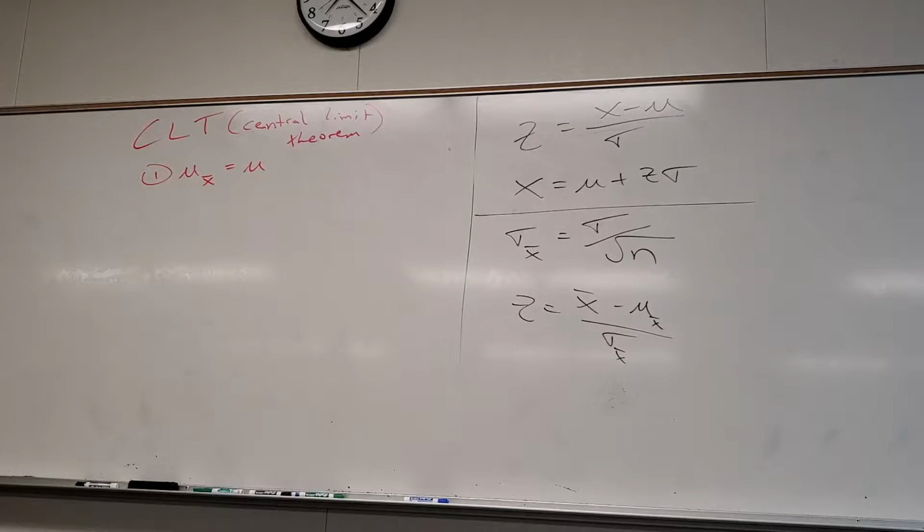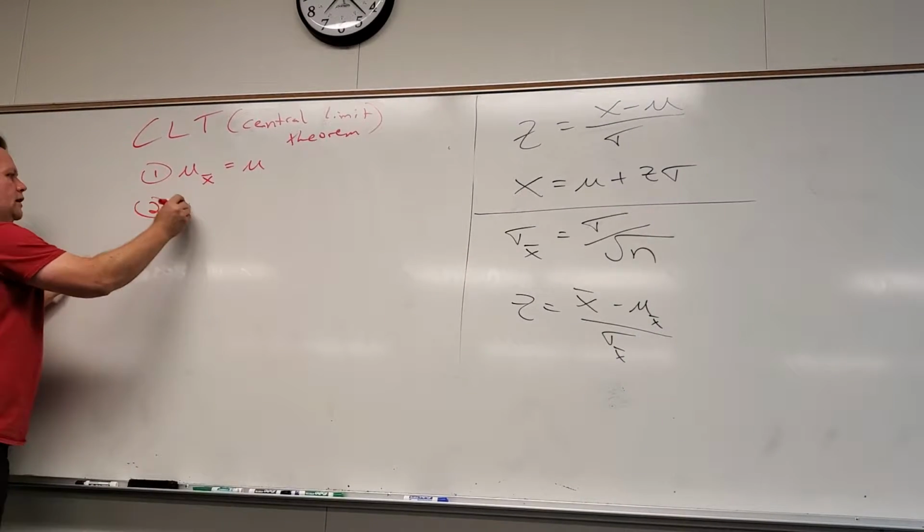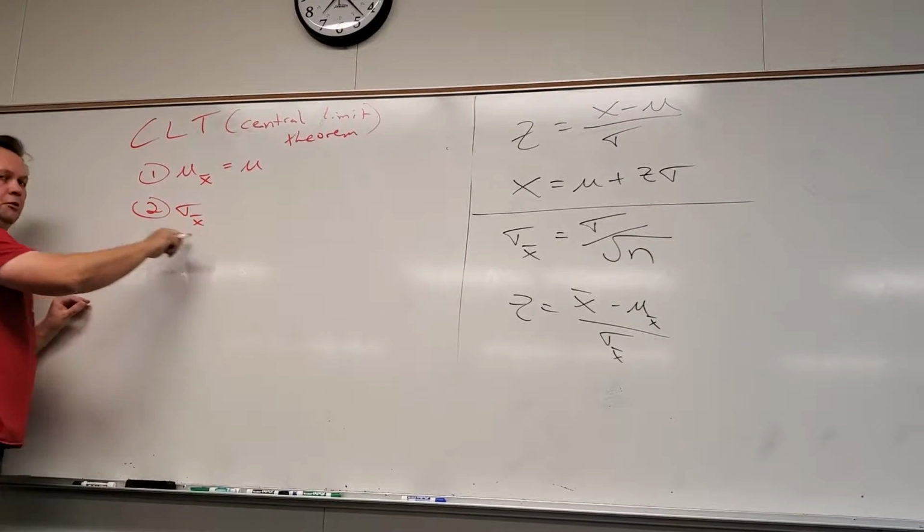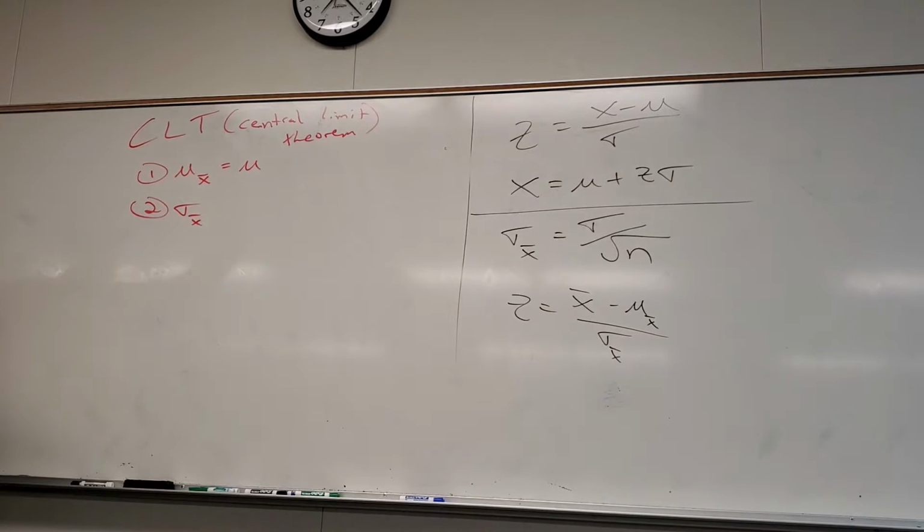So if I take groups of size n, and I do all the sample averages of groups of size n, the average of those has to be the actual average. I can't suddenly change what the average is just because I'm taking groups. The second thing is that it says the standard deviation of the sample means. So remember the Florida thing?